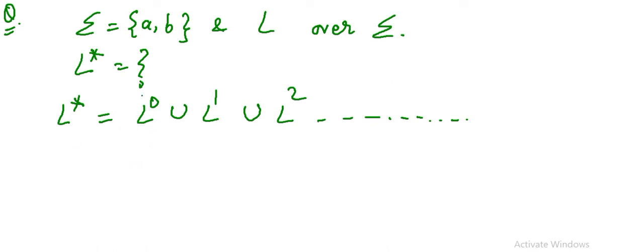Now write this language L0. L0 is nothing but your empty string, which contains only epsilon.